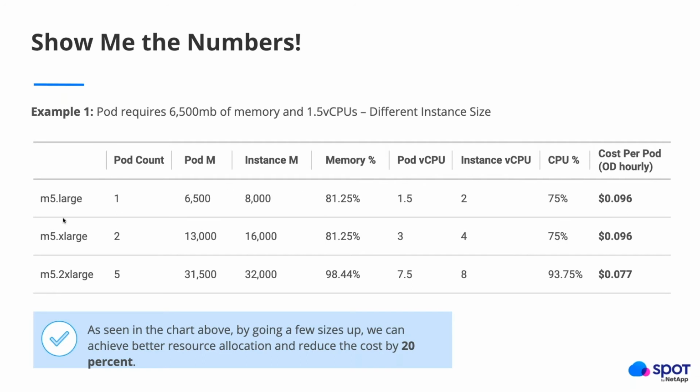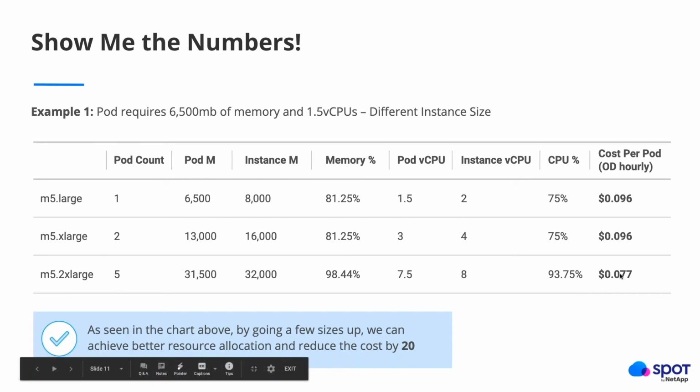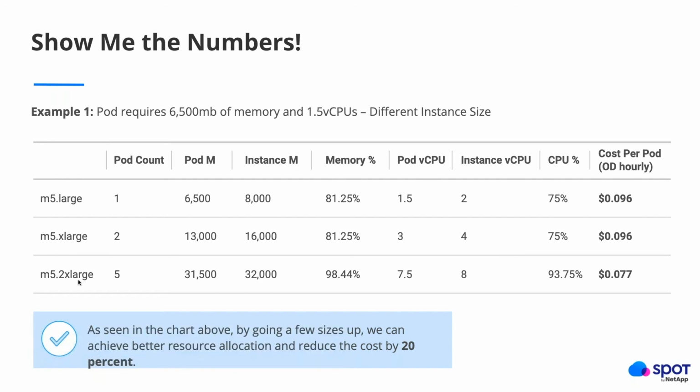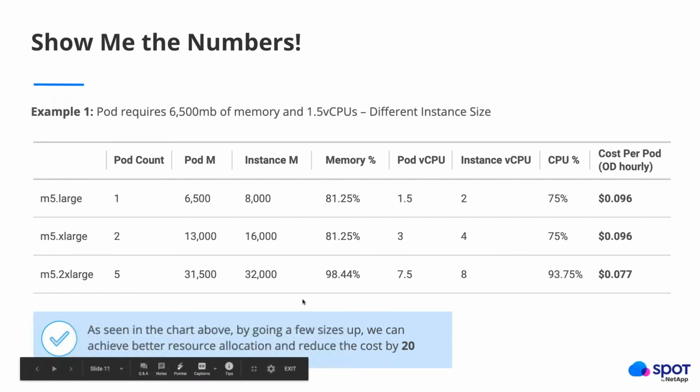Now, once our pods are being scaled up and we have more pods from the same deployment, we can see that we could use more M5 large machines, but we can also use bigger machines. So in some verticals, it doesn't really matter. But if, for example, our deployment is going to have 5 replicas, we will be able to utilize a bigger machine type with smaller costs just because the pods could still utilize resources that are available in the cluster.